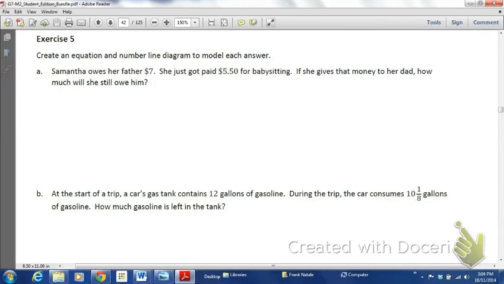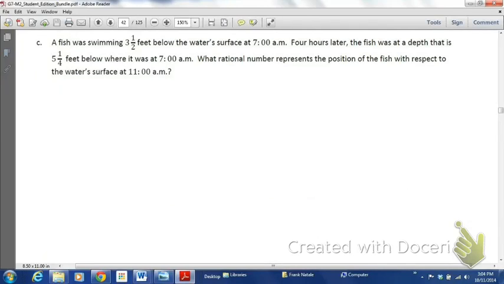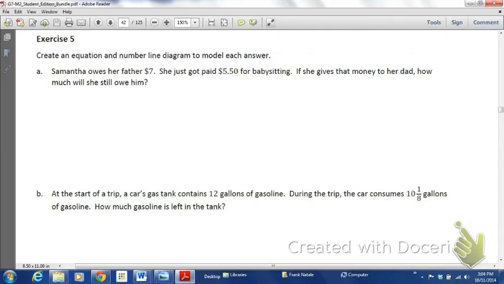Okay, exercise 5 here, for each one of these, there's A, B, and C. Go ahead and create an equation and a number line diagram to model each answer. I want you to model the answer and then give me the answer. You'll see in this first one, Samantha owes her father $7. She just got paid $5.50 for babysitting.